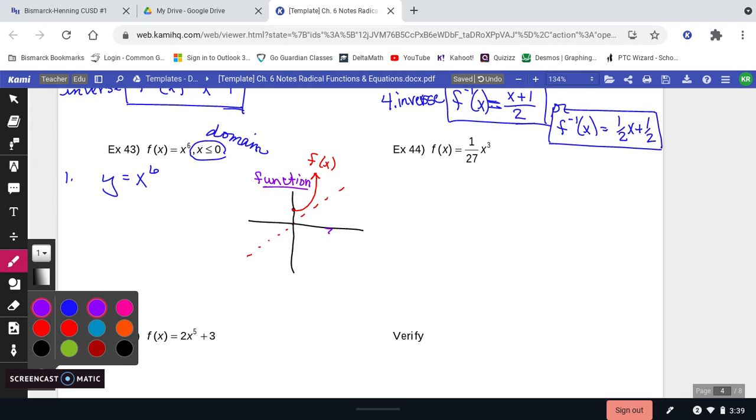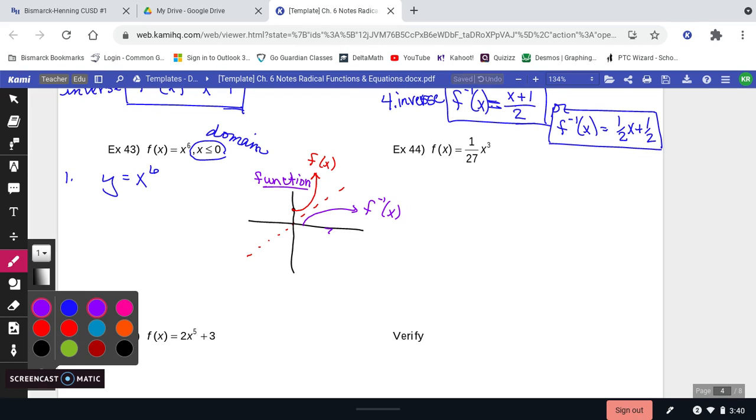Now when I reflect it over the y equals x line, I now have something like this that shows up as its inverse. Now if we would do the vertical line test, each vertical line would only intersect that new graph at one point. So now this inverse really is an inverse because it satisfies the definition of a function.